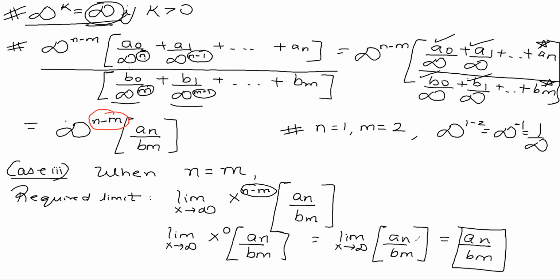So my answer will be an by bm. That means if the degree of the polynomial in the numerator exactly equals the degree of the polynomial in the denominator, the required limit will be a constant. Because n is equal to m, it is x to the power 0. Anything to the power 0 is 1. 1 into an by bm is an by bm. The limit as x tends to infinity of a constant is the constant itself.